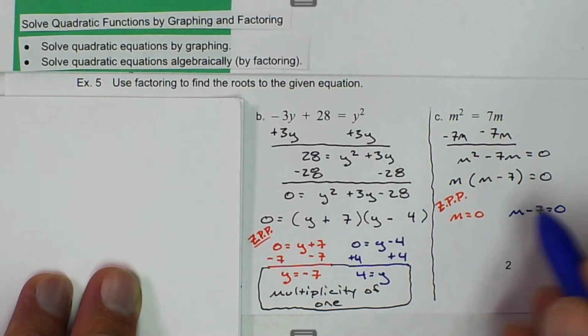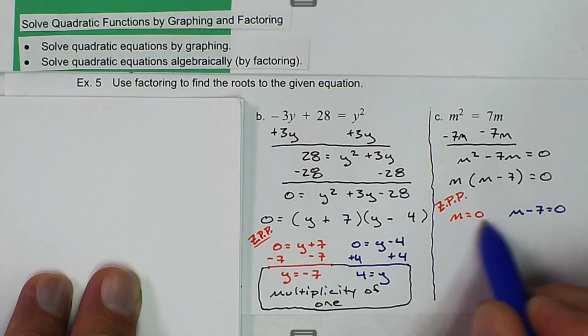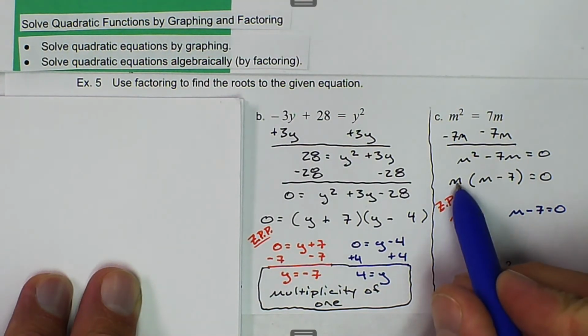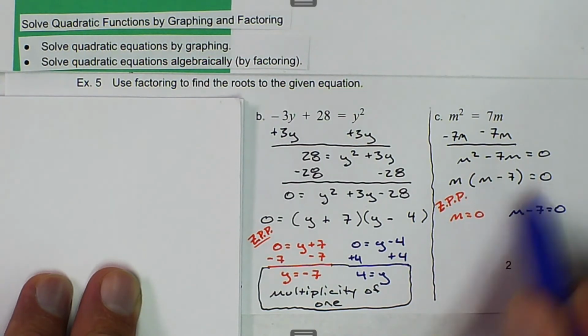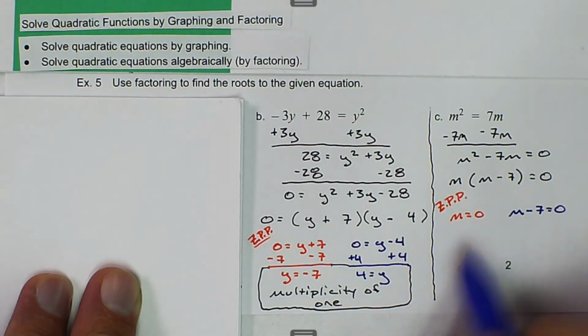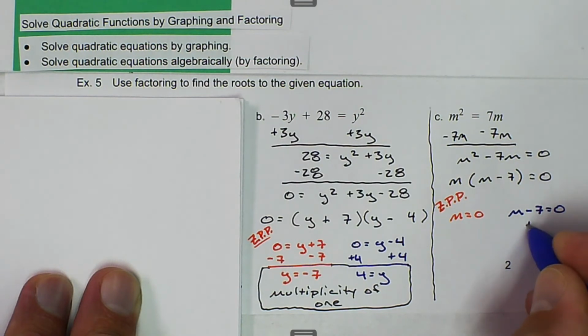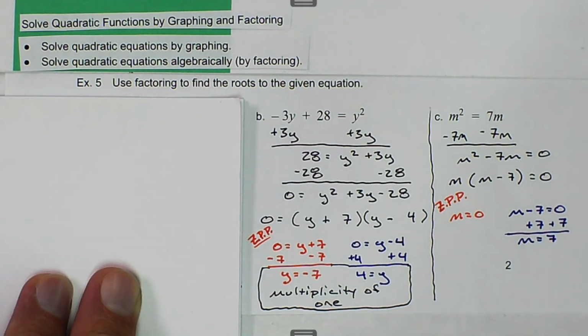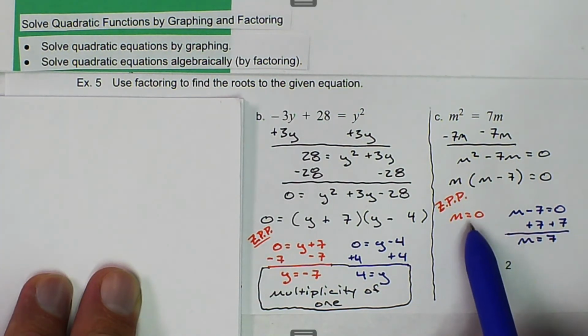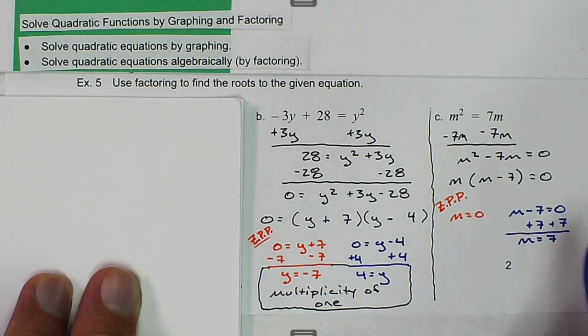And when we do that, this is already solved for us. M is equal to 0. If we set m equal to 0, m times this binomial, the whole thing is 0. We don't have to do anything else. That's already set. So here we can add 7 and add 7, and we get m is equal to positive 7. Again, we have two distinct solutions: m equals 0 and m equals 7.